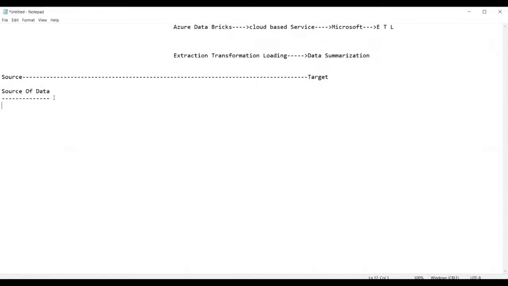The place from where we get the data is called the source of data. So we can get the data from the following files. What type of files, guys? Ultimately the files also receive the data from what?